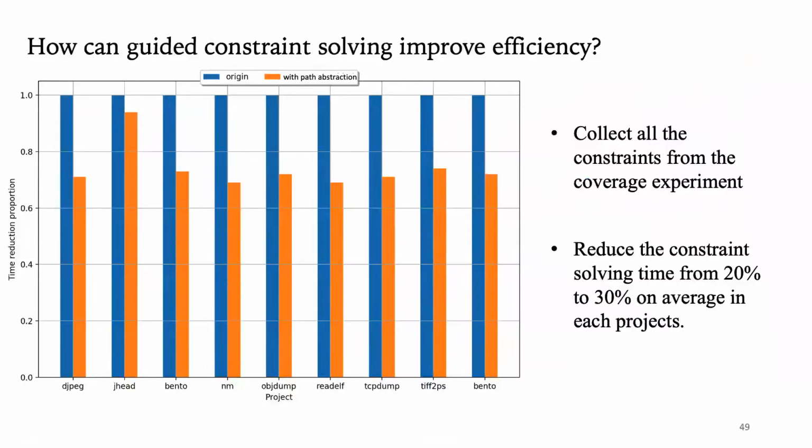For the individual contribution of the two methods, guided constraint solving and constraint mutation, we compared the time cost of original constraint solving with guided constraint solving. We conducted the experiment based on the constraints collected in the previous coverage experiment in 24 hours. We found that path subtraction can reduce the time cost of constraint solving by 20% to 30% on average.